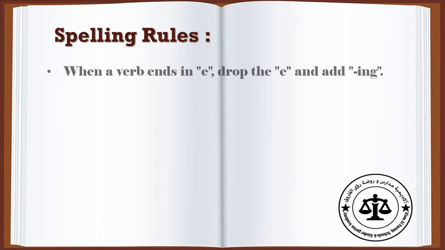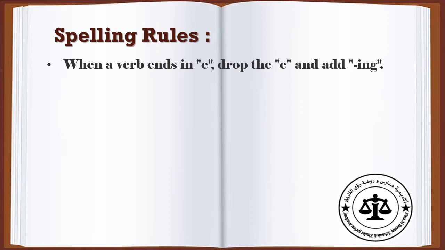Now we have some spelling rules if we want to add ing to the verbs. Number 1, when the verb ends in the letter E, we have to delete the letter E and add ing. This is an example. Take. If we want to add ing for the verb take, we have to delete the letter E, then we add ing.